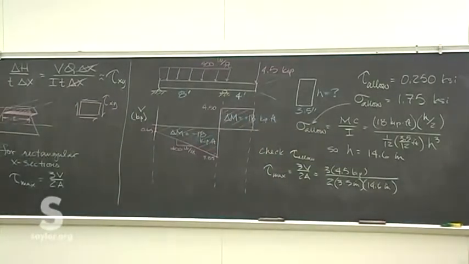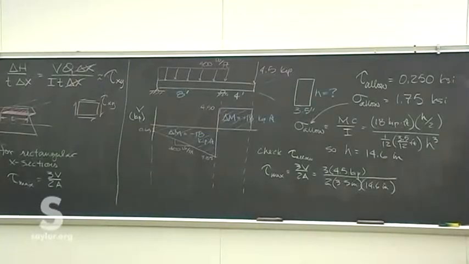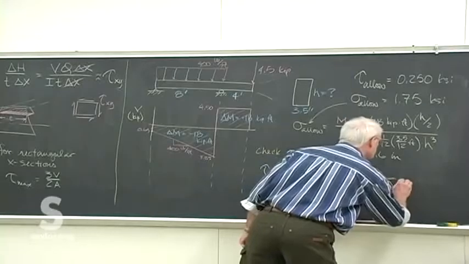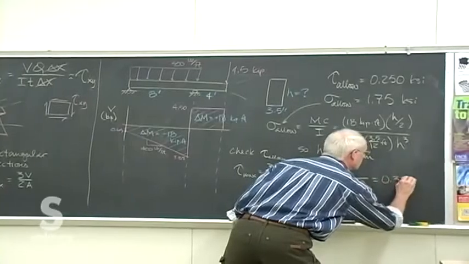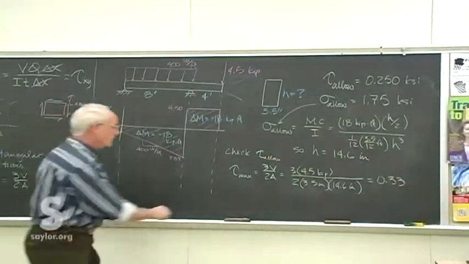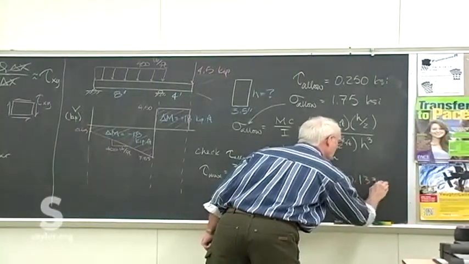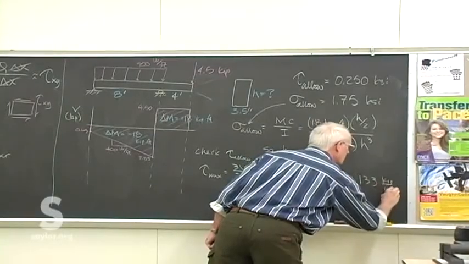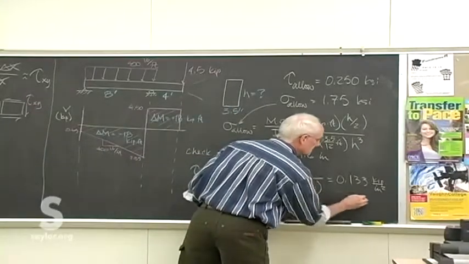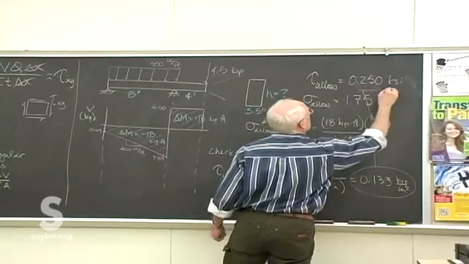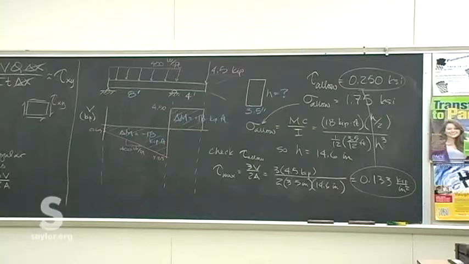So we divide by the area we've now picked for design to resist the bending failure, checking it now for longitudinal shear failure, and this comes out to be 0.33, no, sorry, 133 kips per square inch, and that is less than our allowable limit, so that h of 14.6 is adequate.